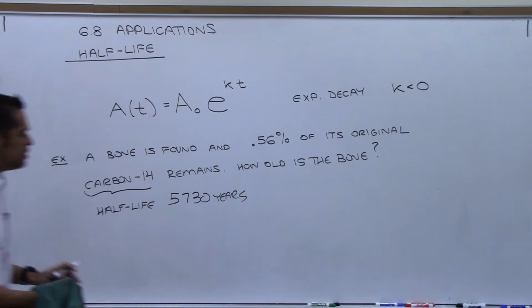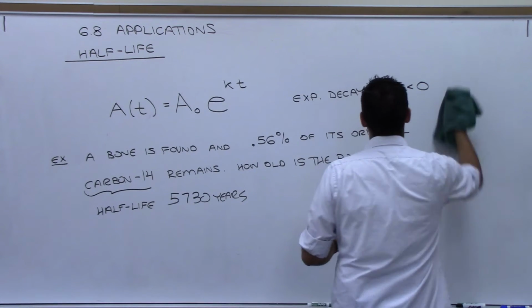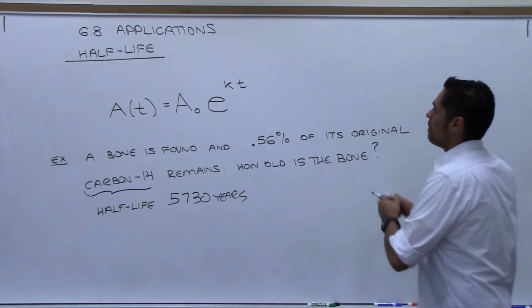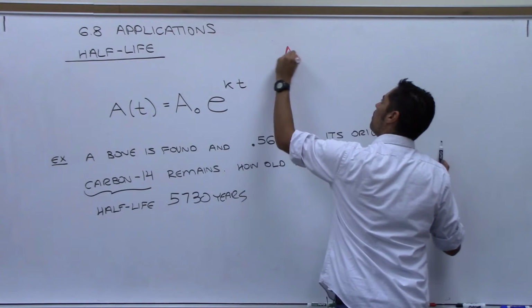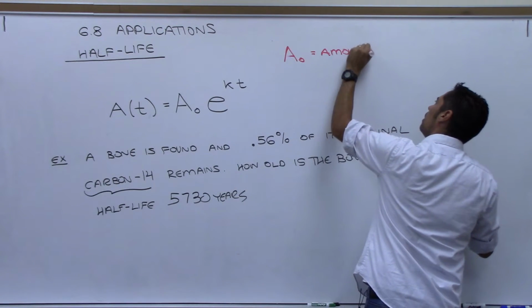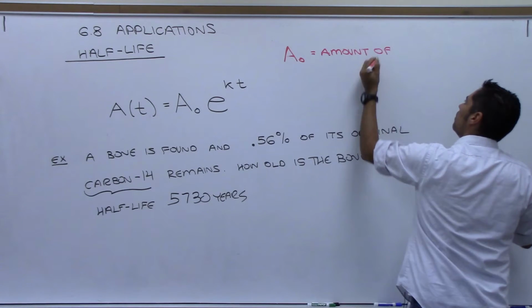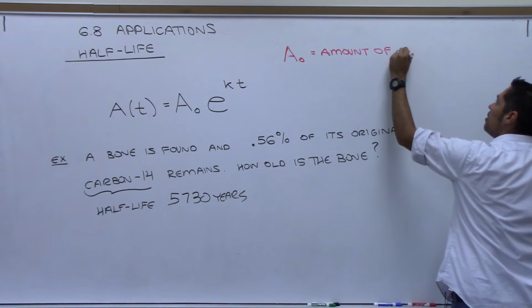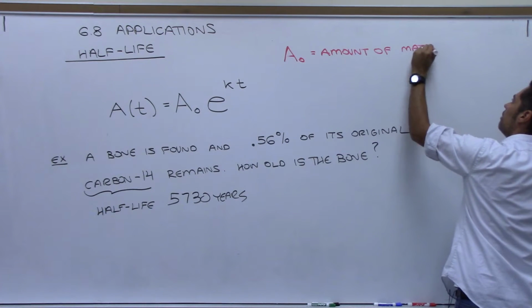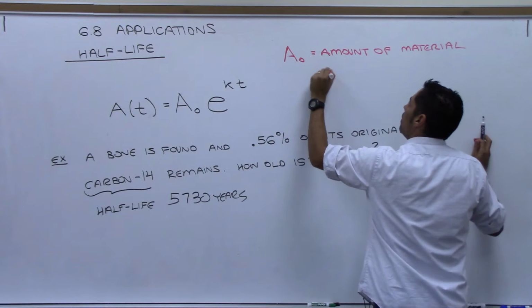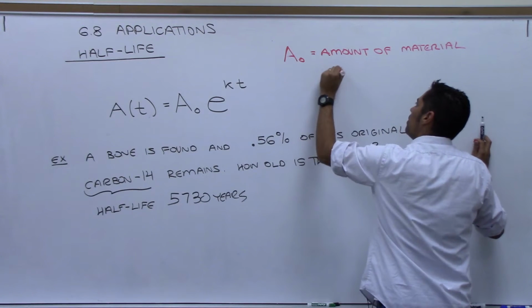All right, so let me explain this formula to you. Here's the way the formula works. A naught is equal to the amount of material, whatever it is, at the start.